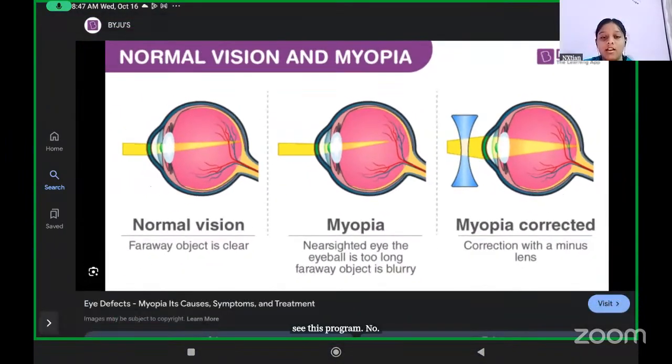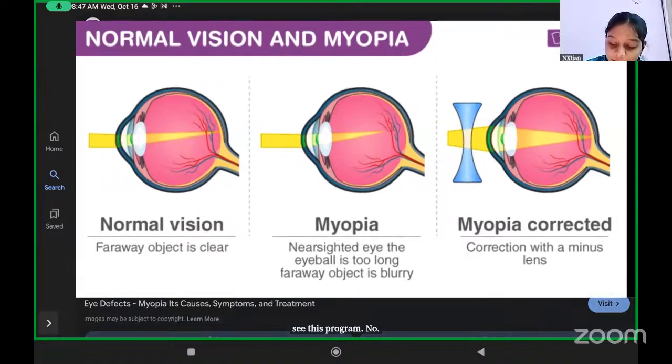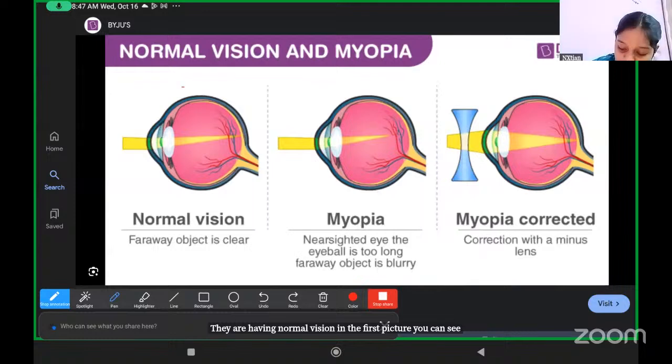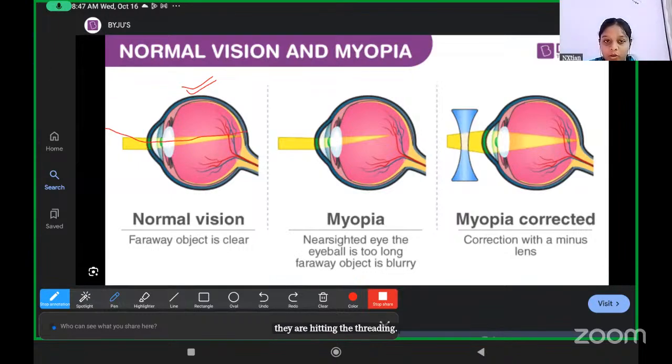We have normal vision in the first picture. The light rays are coming and hitting the retina, like they should. Look at the second one. The light rays are not hitting the retina, but are in between the lens and the retina. This end part is the retina. This is the lens. It's somewhere in the middle.